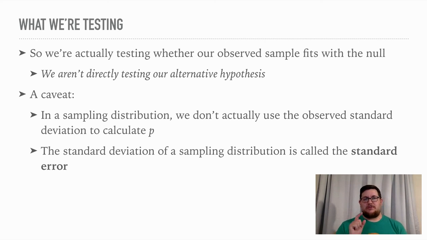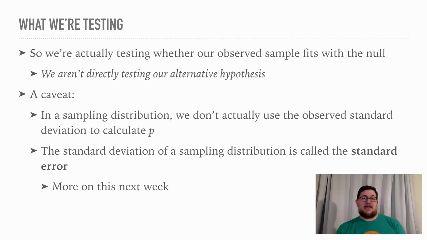Instead, we use the standard deviation of a sampling distribution, which is called the standard error. We're going to get a lot more into that next week. So that's an important caveat. We're not actually using, if you look at, say, the mean feeling thermometer towards Bill Clinton and the standard deviation, the mean feeling thermometer might be 55. Standard deviation of that might be 10.